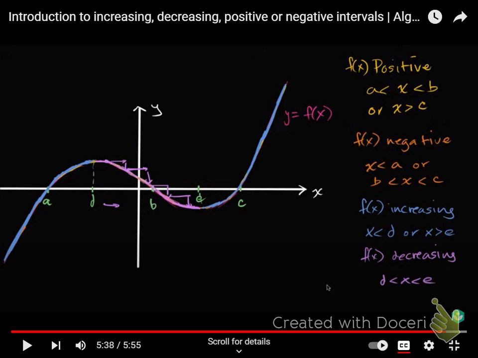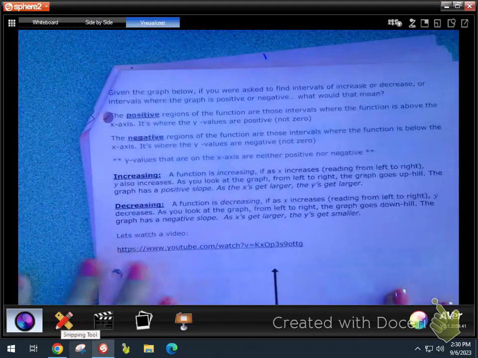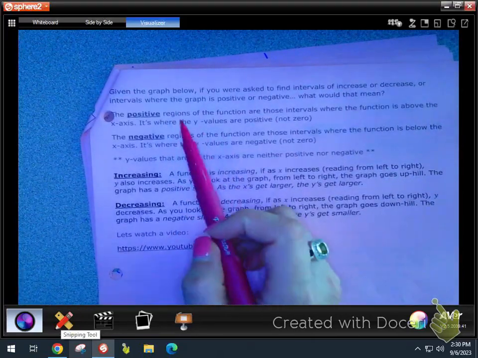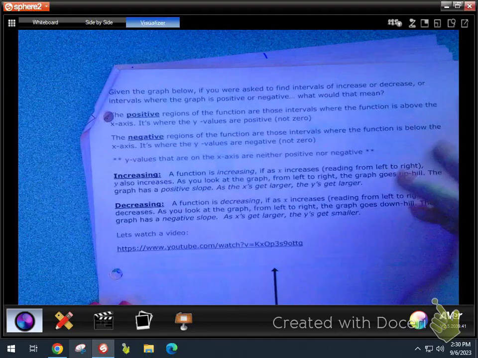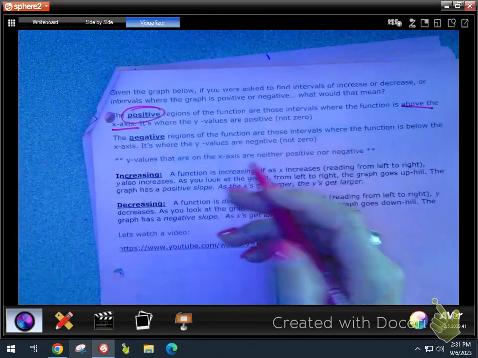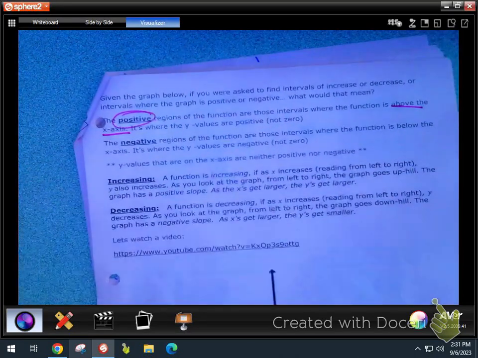So he gave more formal definitions, and if we go back to your notes, we've got it written down here. But I'll give you the moral of the story: a graph is positive where the function is above the x-axis. That means the y values are positive.